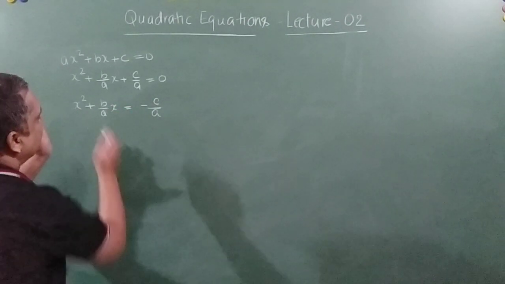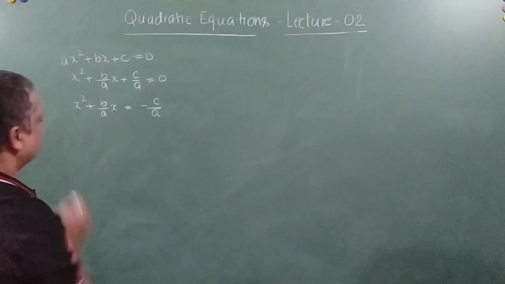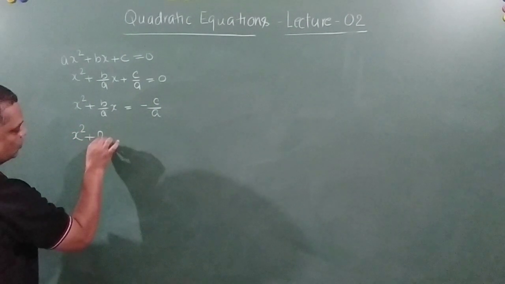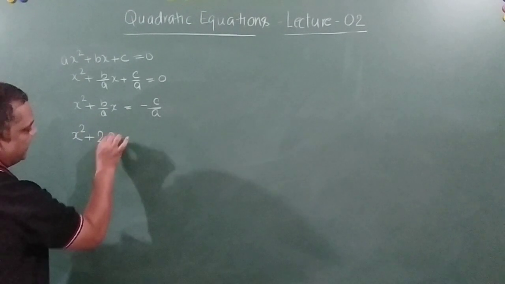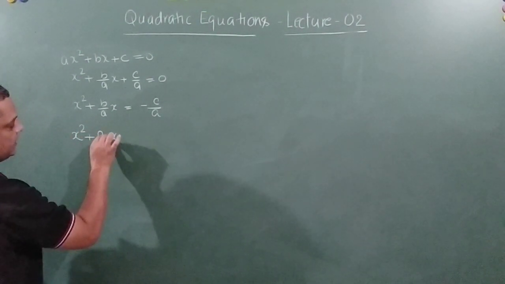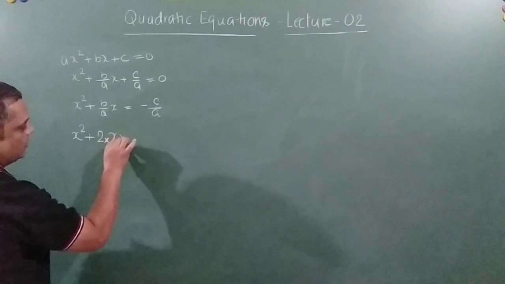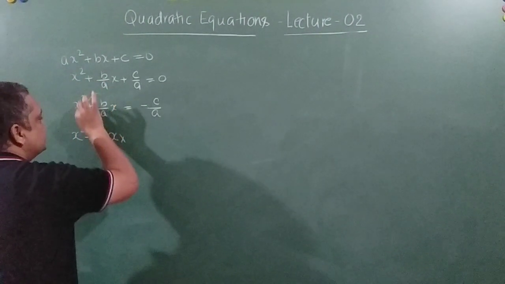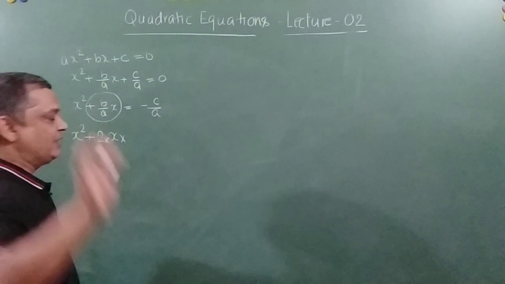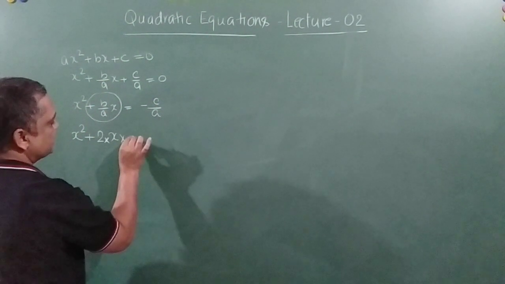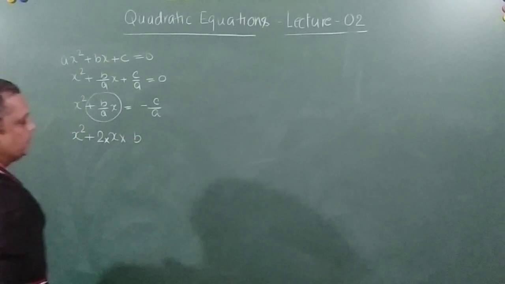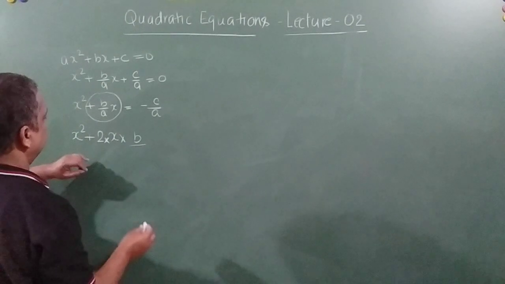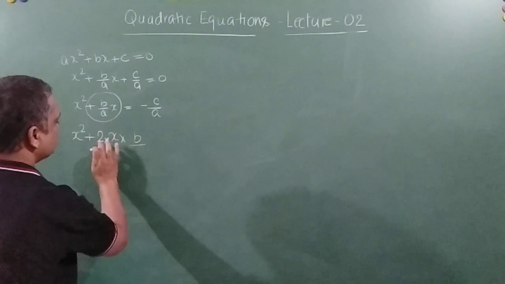Now we will try to complete the square here. Okay, so this is nothing but x square plus, let us say, 2 into what is our a? a is nothing but x. You are getting it? 2 into x into, I need to multiply a term b such that this value doesn't change, including the sign. Please understand. So what I need to do is definitely multiply by 2, right? And so it becomes 2bx.